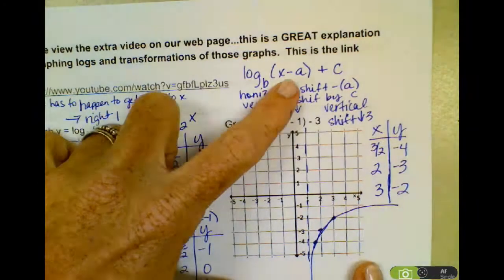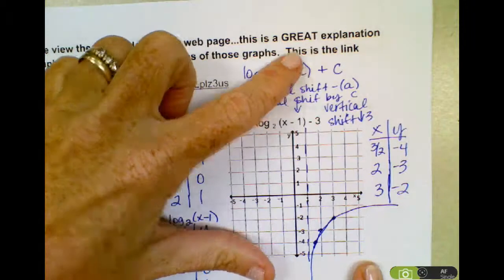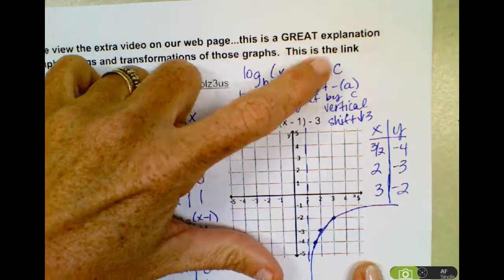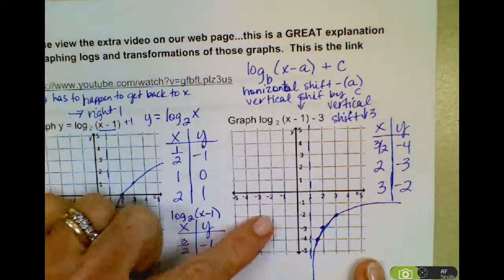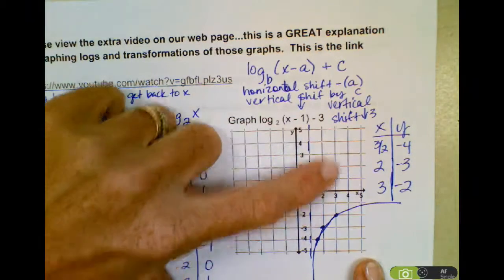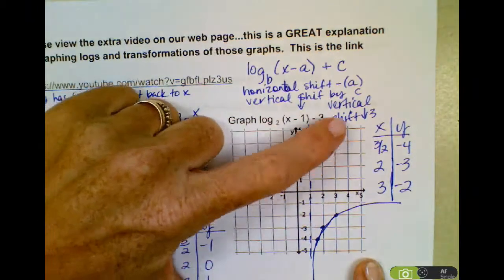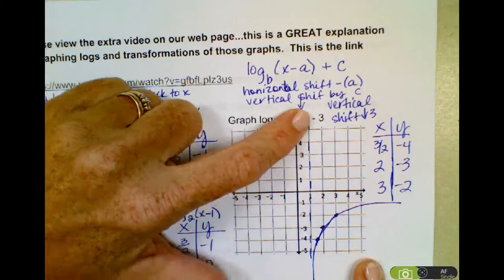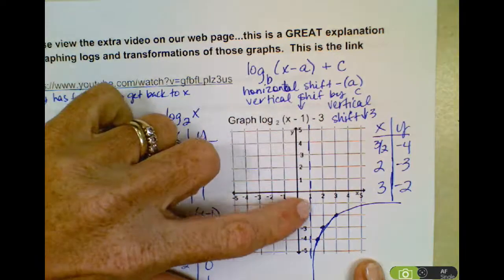So within the parentheses, it's going to do the opposite horizontally. If it's outside the parentheses, that's going to affect your y values by whatever that number is. So if that had been a 5, it would have shifted our entire graph up 5. If this -3 had been -1, it would have shifted it down only 1.